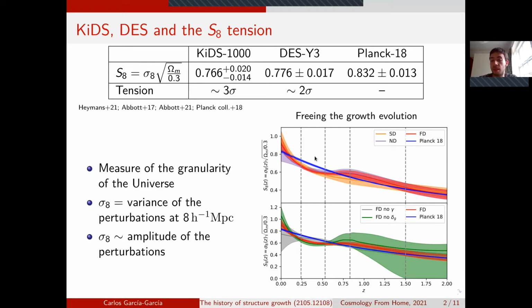We see in the top panel that for different combinations of different data sets that I will introduce later, the S8 parameter is lower than the one predicted by Planck. If we move to the lower panel, we see that this tension is driven by shear, and that when we remove shear, we don't see that tension. So let's move on now to see how we have produced this result.